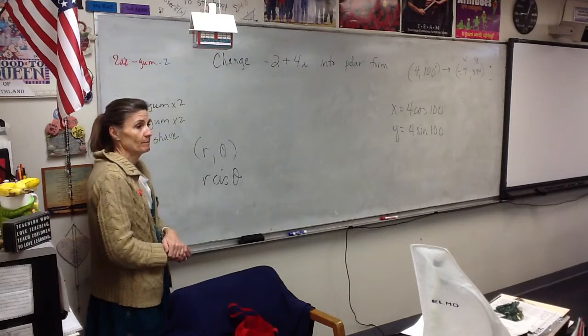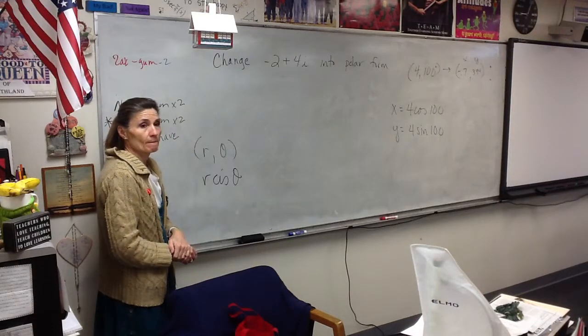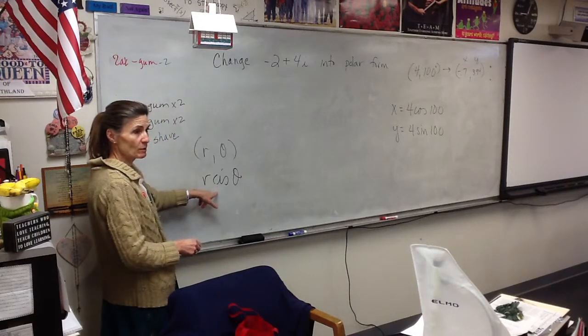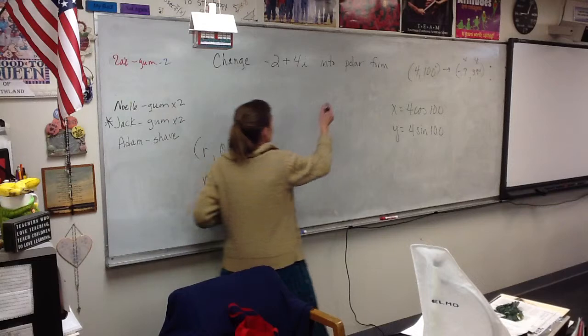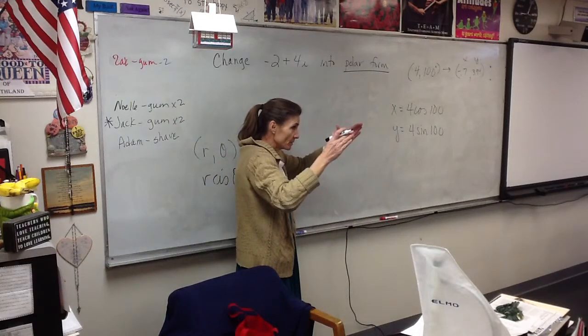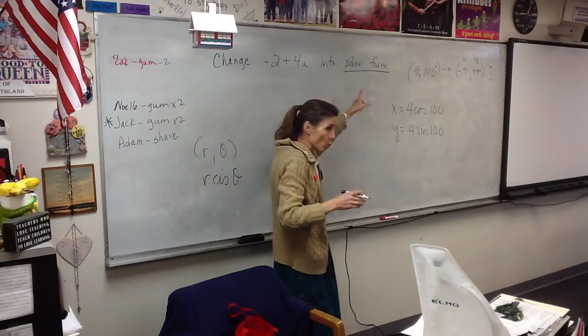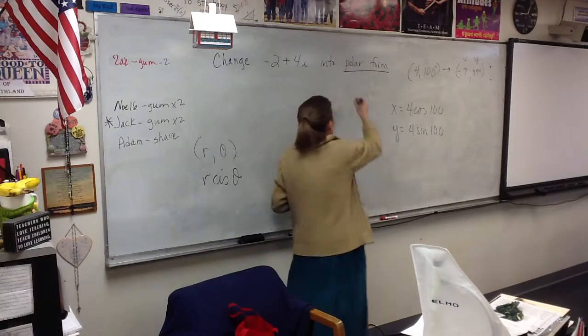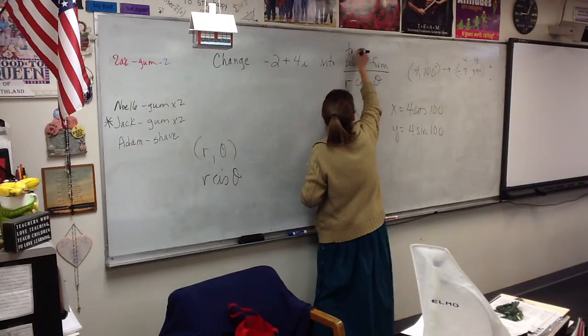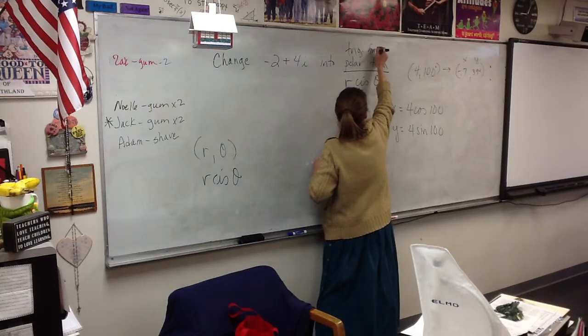Which one? The top? This one. This is what I want. You guys, right now, I need you to focus. Polar form means r cis theta. That is also trigonometric form.